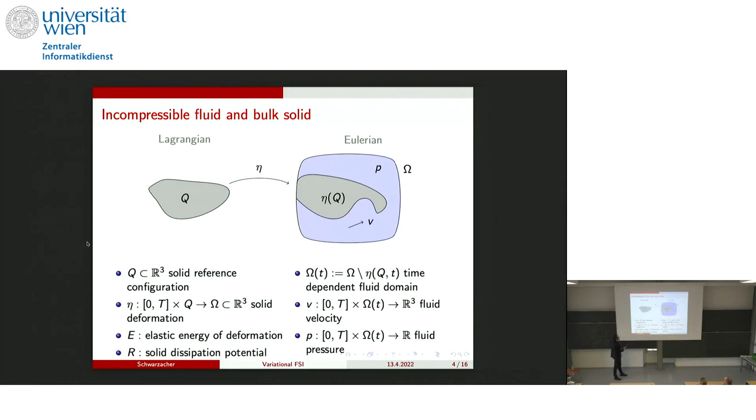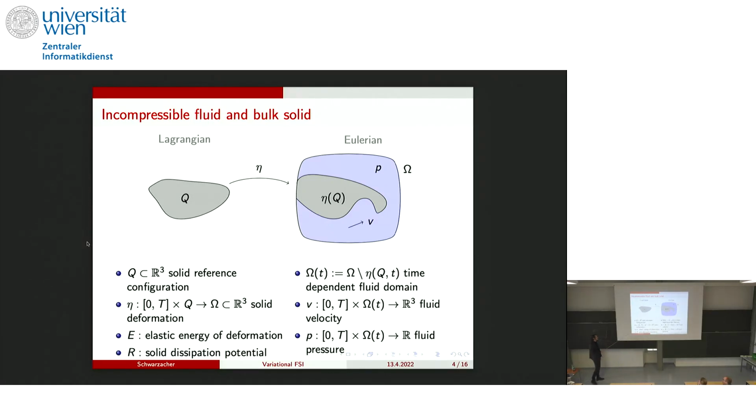We have a deformation map which is unsteady, so it depends on the time variable, and it goes from the reference configuration Q into the Eulerian domain omega, and it's a subset of this. And wherever there is no solid, there will be the fluid. And the fluid is, as I said already, described by a velocity, which is a vector, and the pressure, which is scalar, sort of saying where it wants to move.